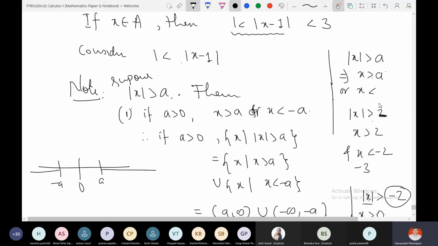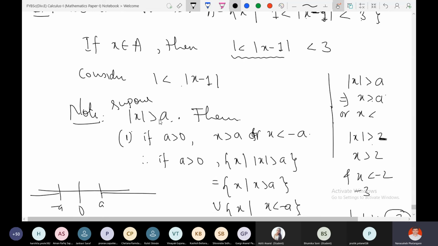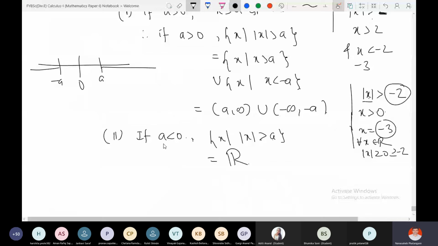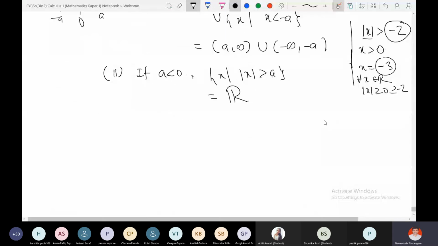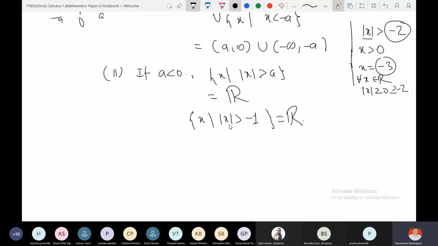For example, x such that absolute value of x is greater than -1 is the whole set of real numbers. Every real number satisfies this property.